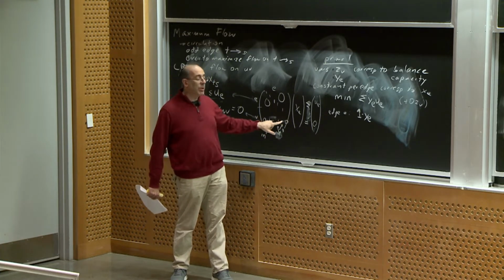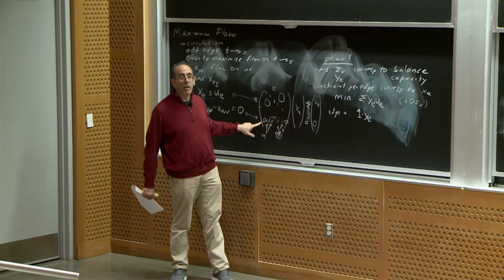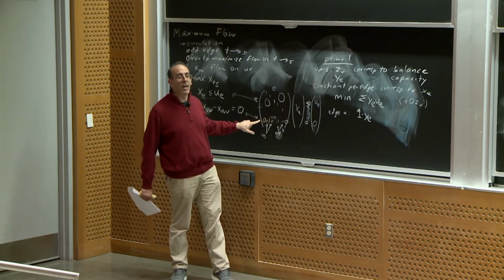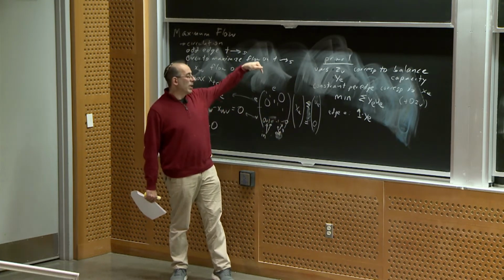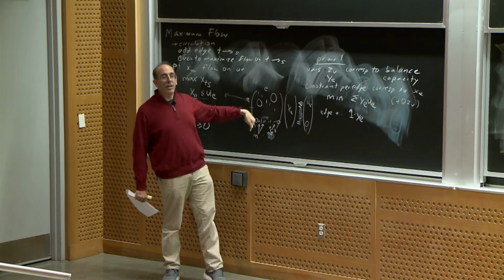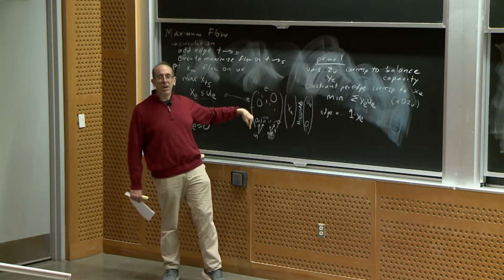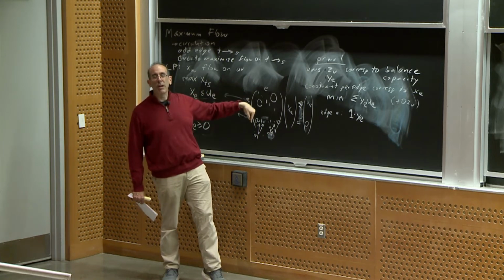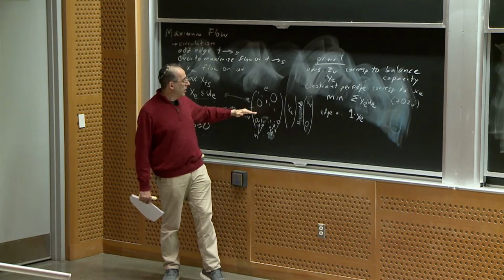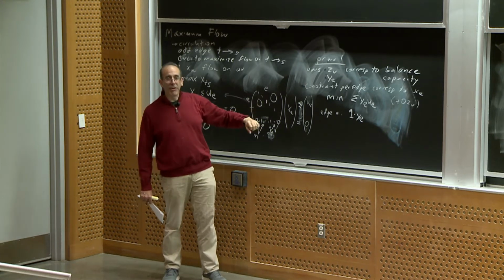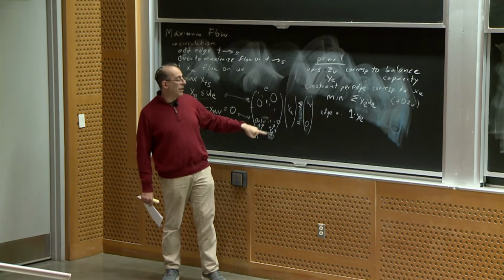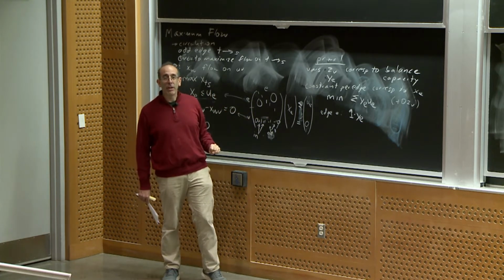Now, we got a lot of plus 1s and minus 1s in a single row because a vertex has lots of incident edges, right? But in a single column, each edge is only incident on 2 vertices. It's going into one of them and out of the other one, right? So there's a single plus 1 and a single minus 1. Which variables get the plus 1 and the minus 1?